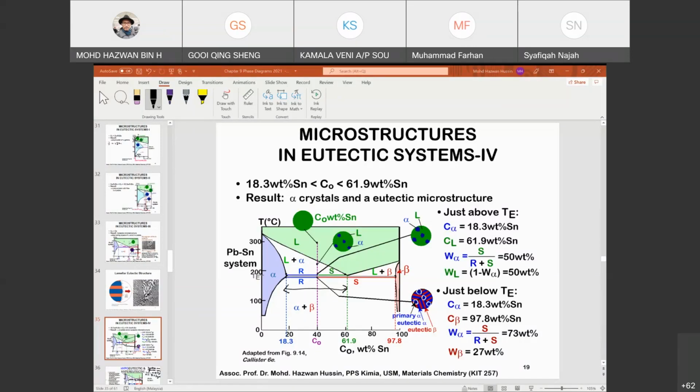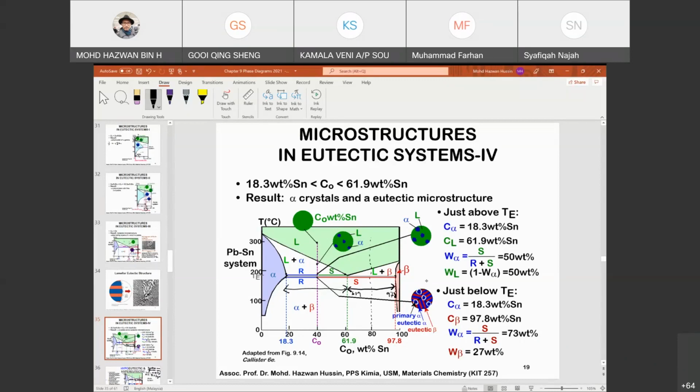And I think yesterday also I gave you one situation. Imagine that if you have a region between 61.9 until maybe 97.8. Okay, so what would be the microstructure? Imagine that I ask a question around C naught equals 80%.